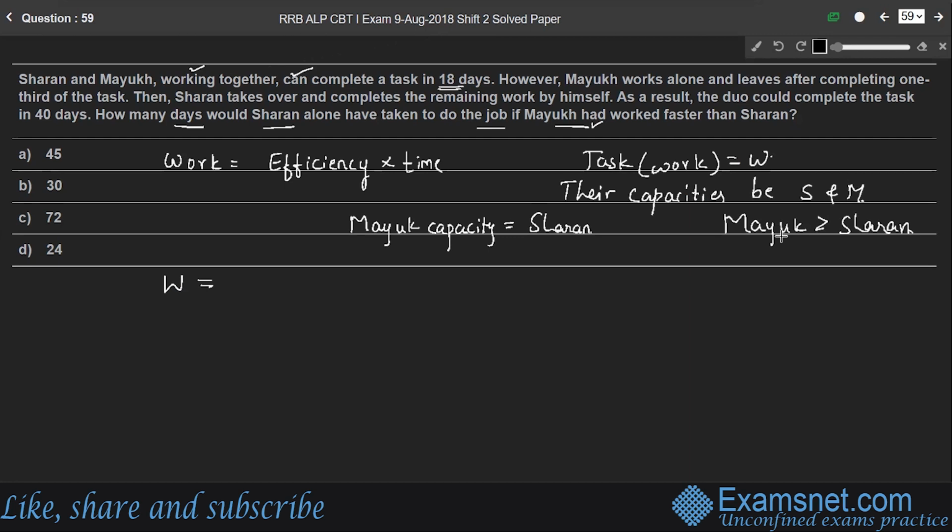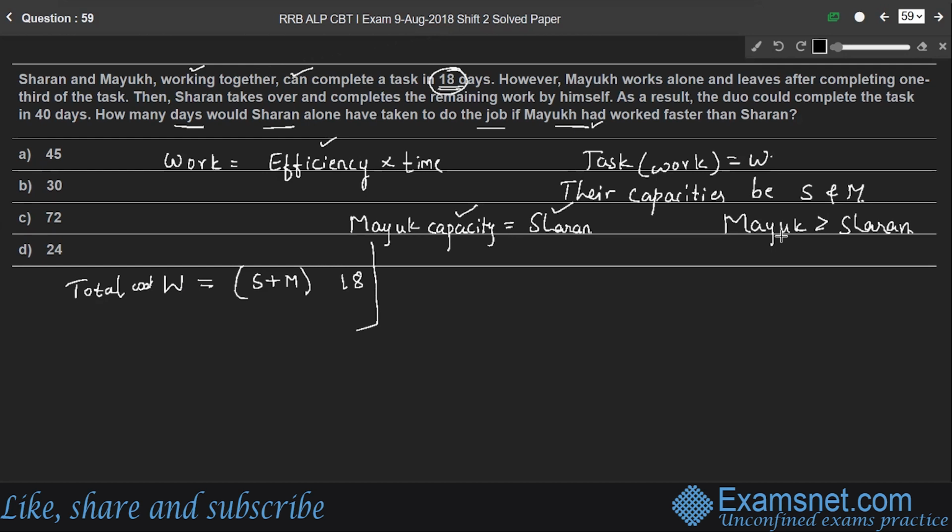So here, the total work W is equal to the sum of their capacities, or the sum of their efficiency into time. That means they take 18 days. Total work is (S plus M) into 18. If Mayuk's capacity is equal to Sharan's capacity, individually they take 36 days.